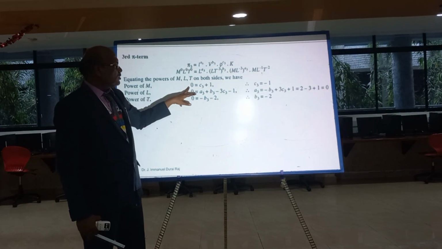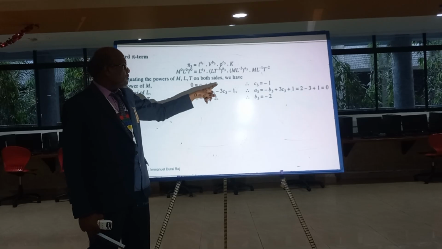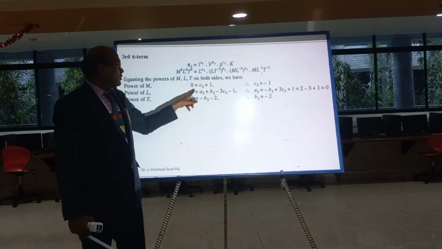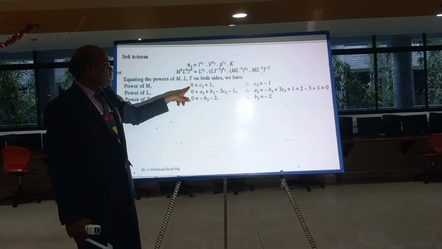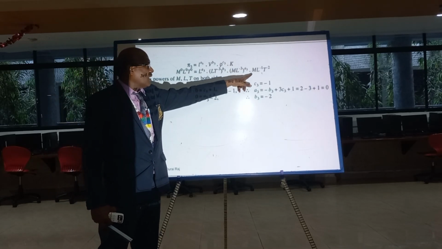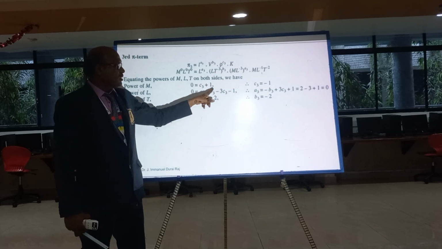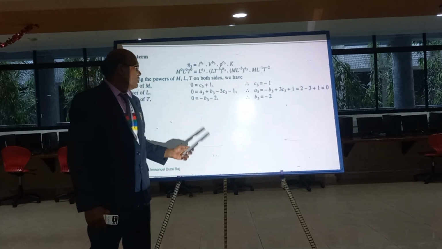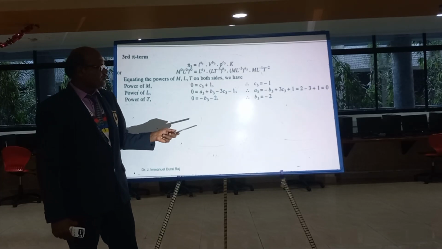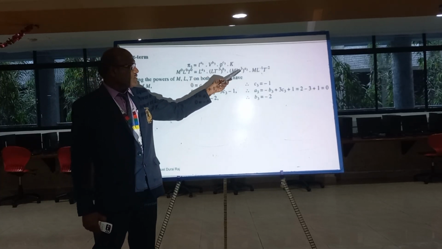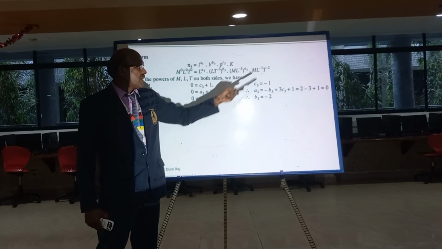So 0 equals C3 plus 1, M power C3 and this plus 1. From here I can find out C3 equal to minus 1. Similarly, for L, it is A3, here B3, minus 3 A3 and L power minus 1.